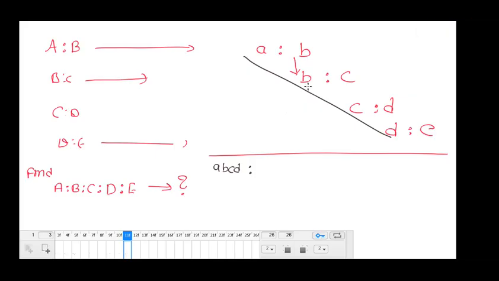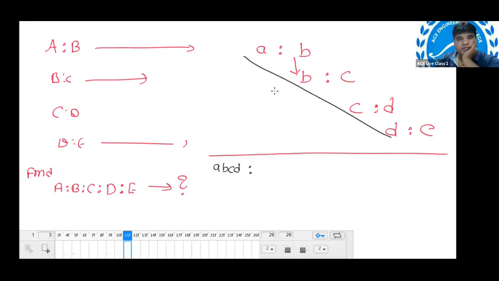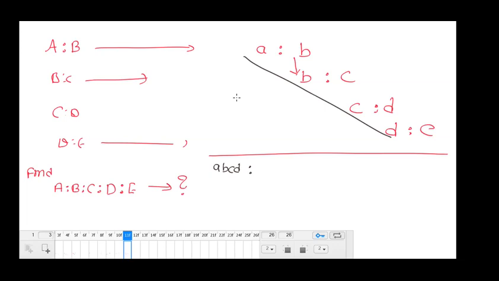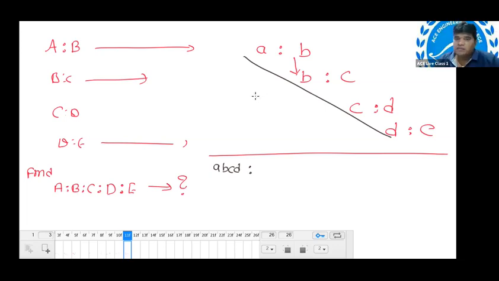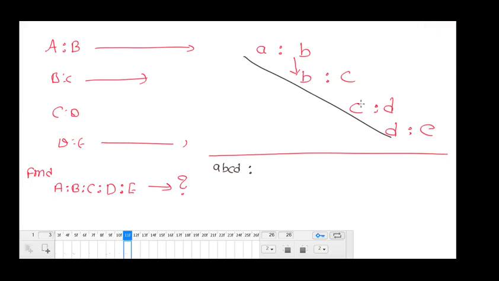B into B. Tell me. Yes sir, B into B plus BC plus BD. Why plus? Okay sir, B into C into D.